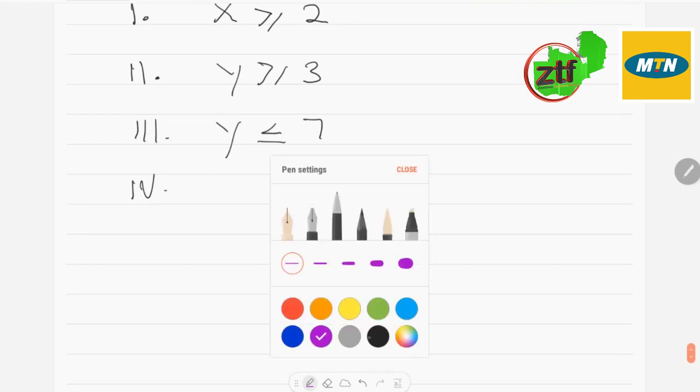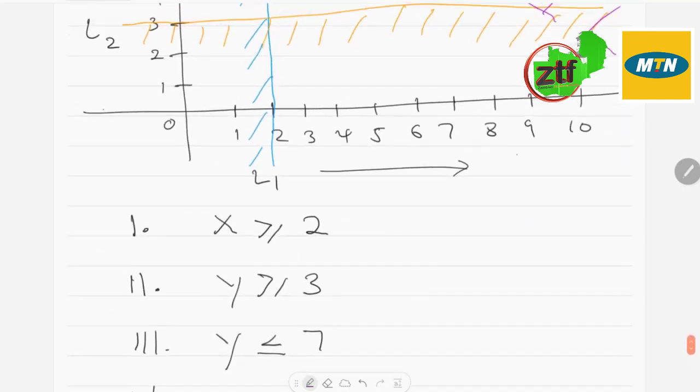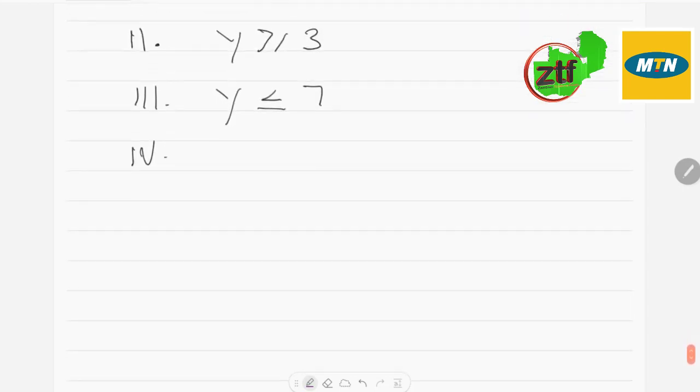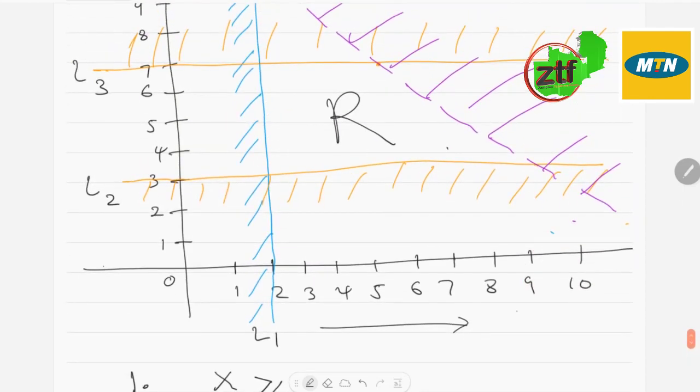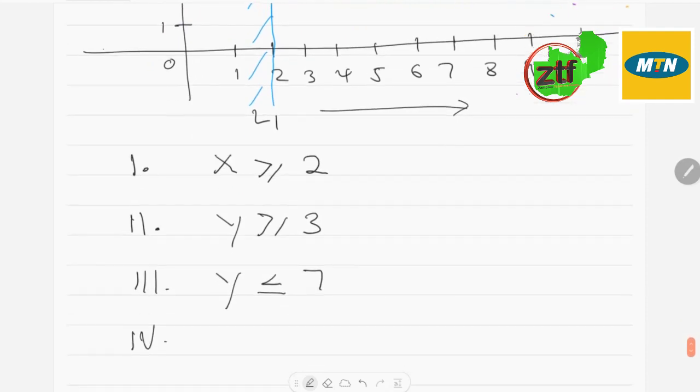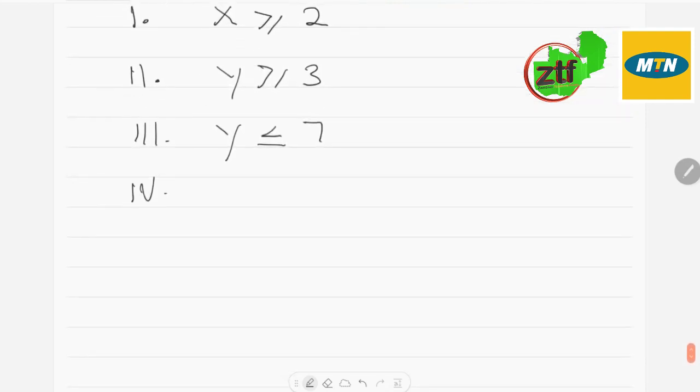So I will pick 2 points from the line. In this case, I will pick the point 5, 7. That is the point number 1 I will pick on the line. These points are on the line, so I will pick 5, 7. And let me also pick the point 9, 3.